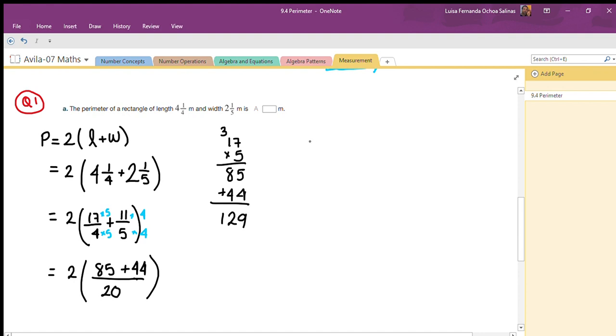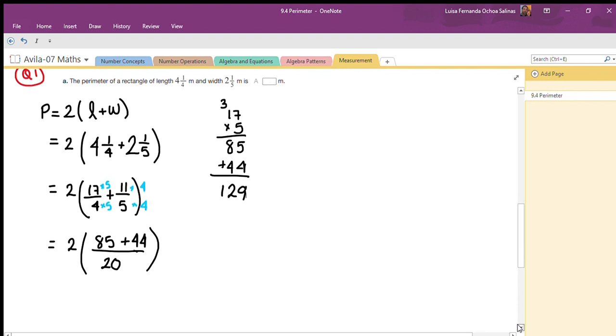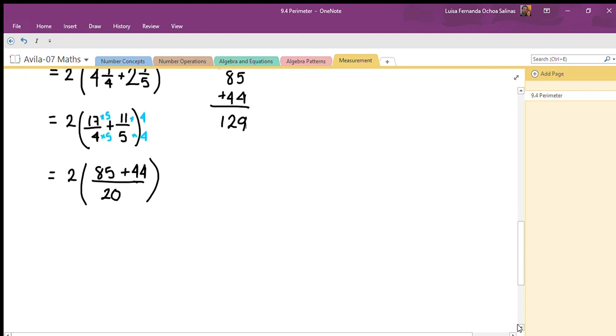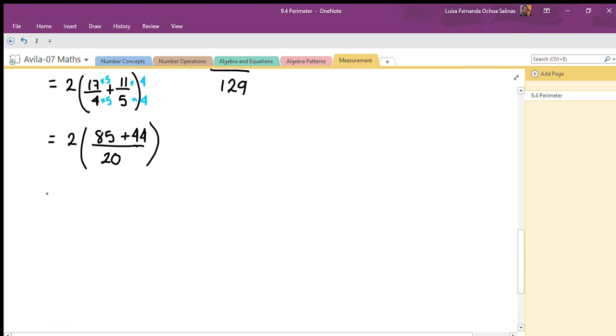I'm going to continue down here. So this is going to be equal to 2 times 129 over 20. Remember that this bracket means that 2 is multiplying this 129 over 20, agree?